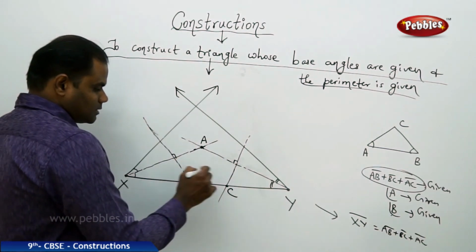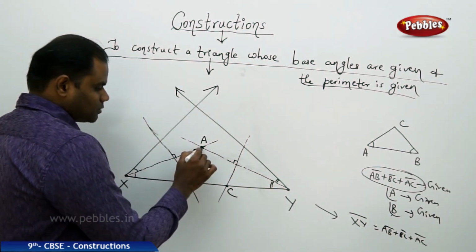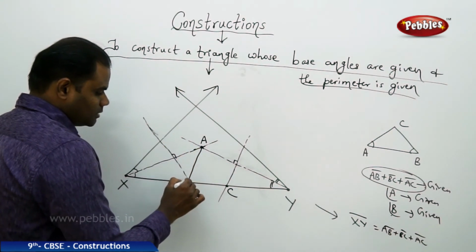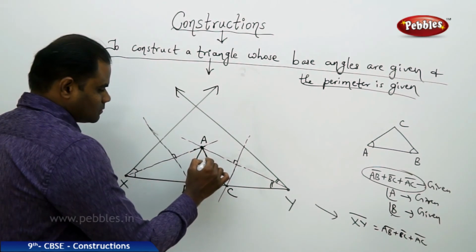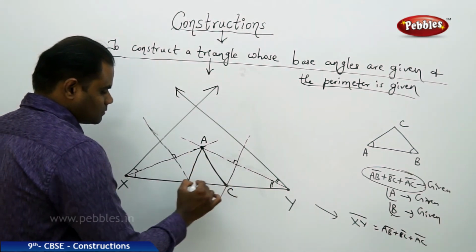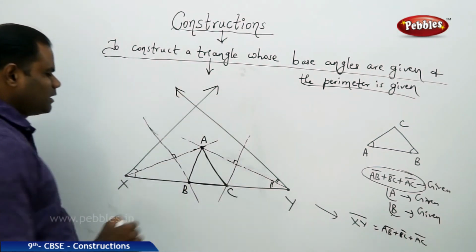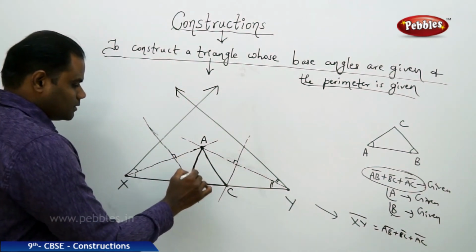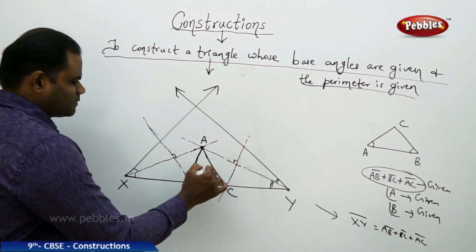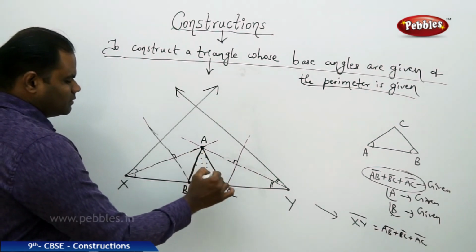So I get three points A, B, C which are joined. So I join AB and AC and I get ABC, which is a triangle. So here I get the required triangle.